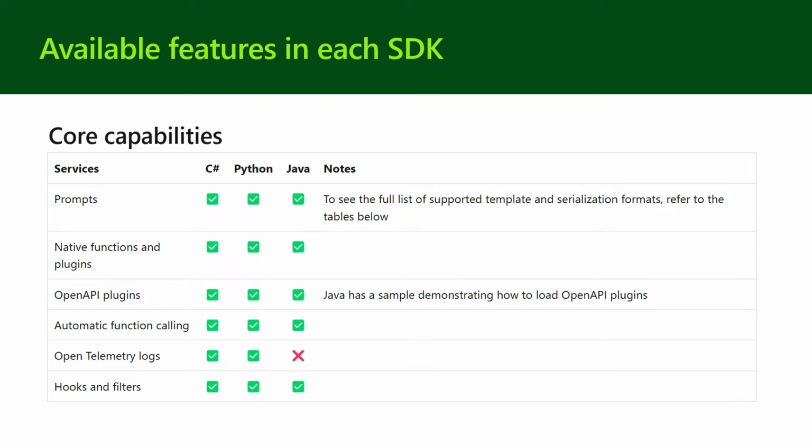As you can see, each language supports most of the features in Semantic Kernel. Currently, Java, for example, does not support OpenTelemetry logs right now, but other features are already there. So prompts, native function plugins, OpenAPI, automatic function calling, hooks, and filters.